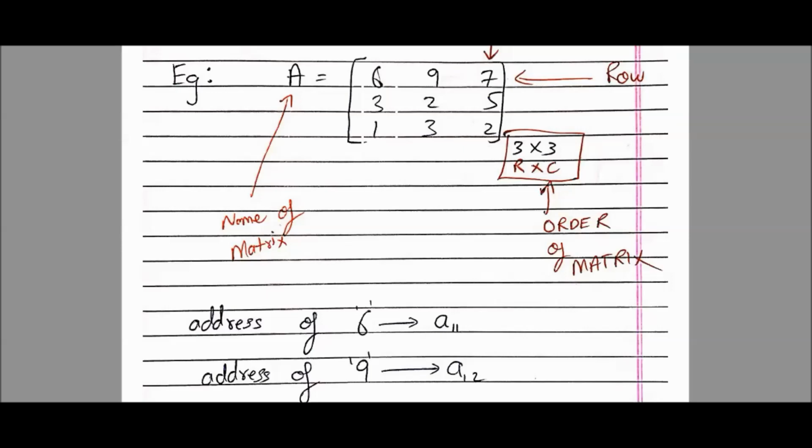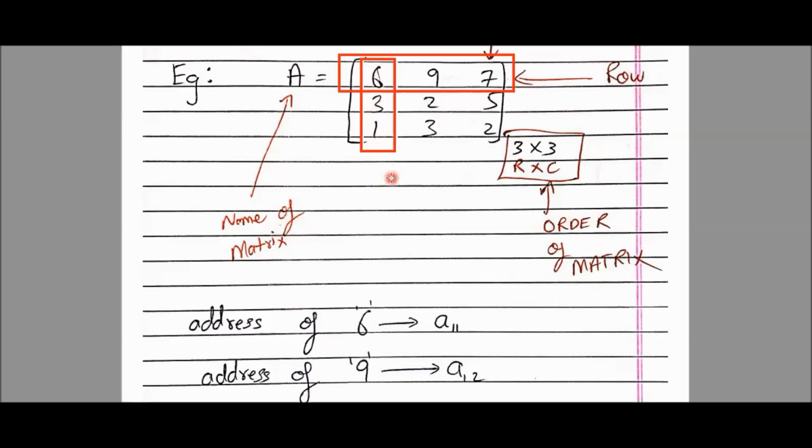In this column 6 belongs, and in this row 6 belongs. So if I want to guide anybody to reach 6, what address should I give? I should say go to the first row and first column, then only you can locate 6.